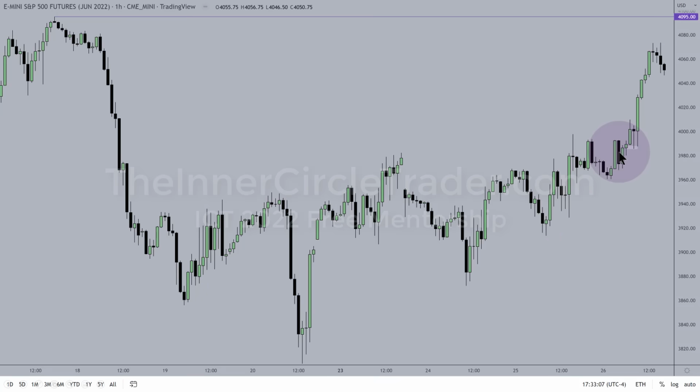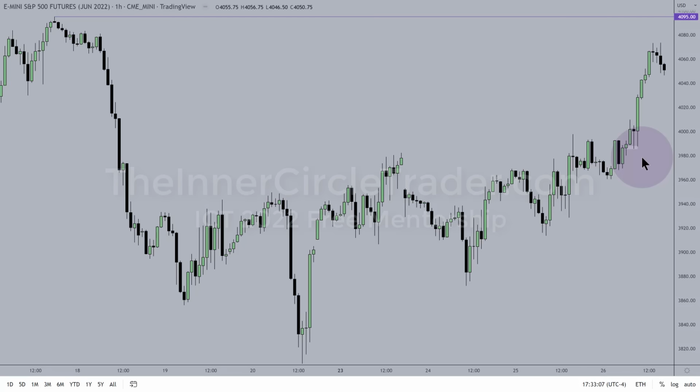Consolidate. We rally, come back down into the smaller time frame fair value gap, SMT divergence, and rallies, and keeps pressing higher and higher. So my question to you is, how many of you first didn't listen to me when I said don't trade?